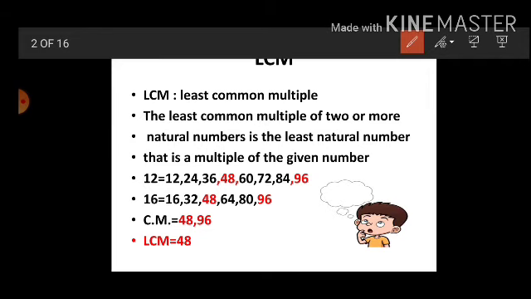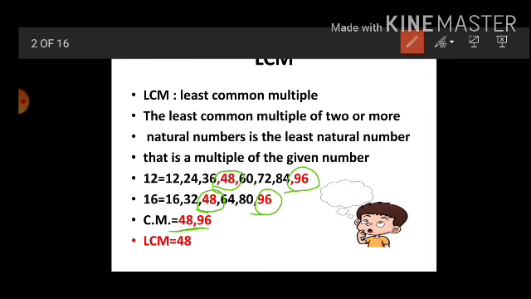So see here, 48. 48 is a multiple of 12 and 48 is a multiple of 16 also. So 48 is a common multiple. 96 is a multiple of 12 and 96 is a multiple of 16 also. So 96 is a common multiple. Now which is the smallest common multiple? 48.